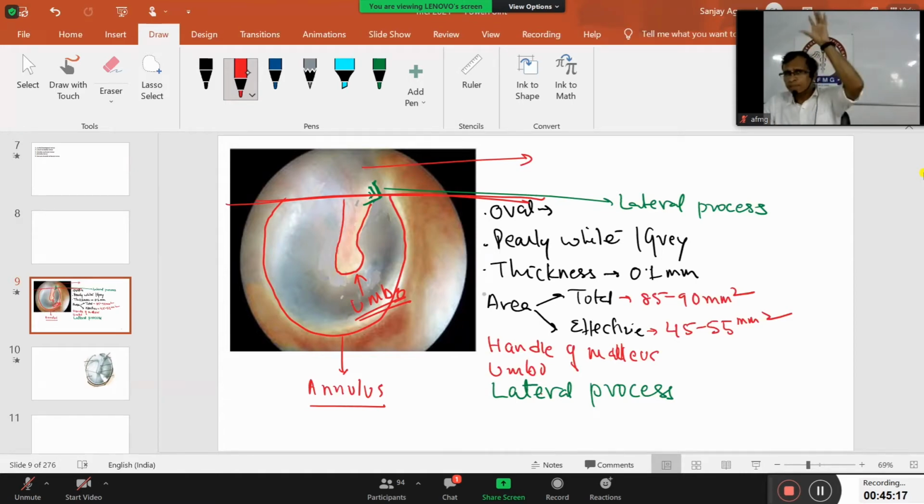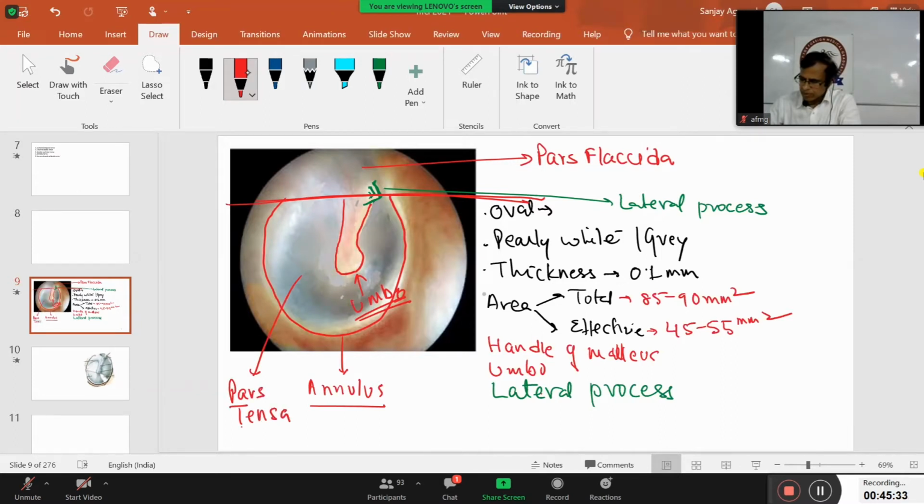What is that small upper part of the membrane called? It's called pars flaccida. And the big part is called pars tensa. Pars flaccida and pars tensa are the two parts of the tympanic membrane.